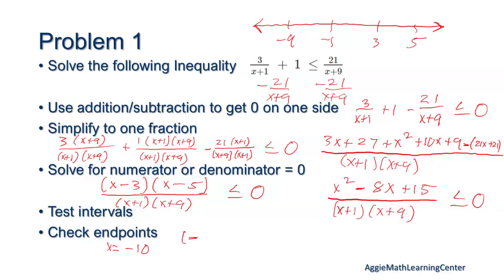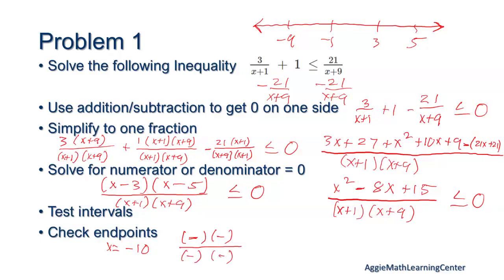So you get a negative number for the first thing. The actual number doesn't necessarily matter, and I'll show you why in just a minute. This x minus 5, if you plug in negative 10, that's also a negative number. And in the denominator, negative 10 plus 1 is negative 9. And negative 10 plus 9 is negative 1. So that's a negative number.